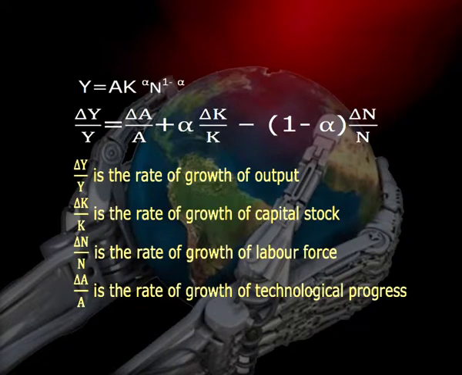In this equation, delta y upon y is the rate of growth of output, delta k upon k is the rate of growth of capital stock, delta n upon n is the rate of growth of labor force, and delta A upon A is the rate of growth of technological progress. Technological progress cannot be observed, and the rate of technological progress, which is the contribution of technological progress to output, is given as a residual after the contribution of labor and capital are subtracted from the total output.